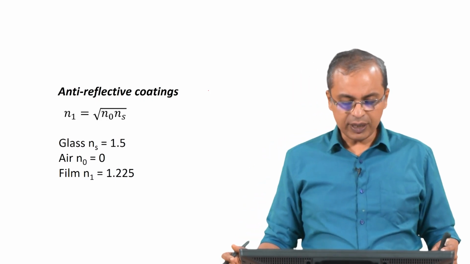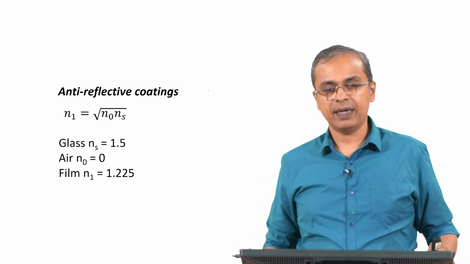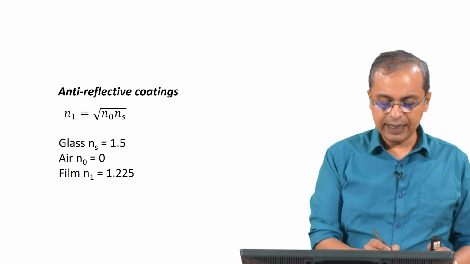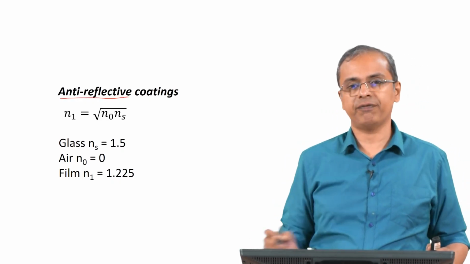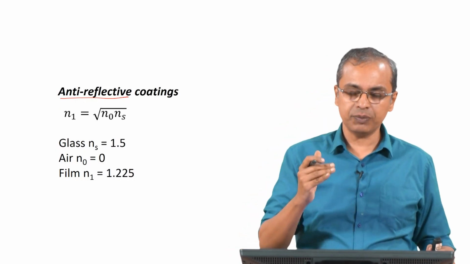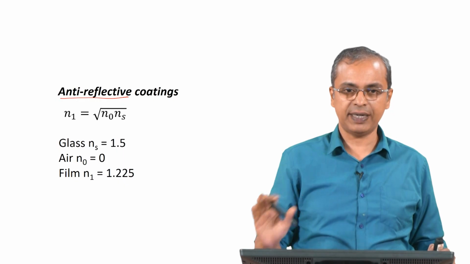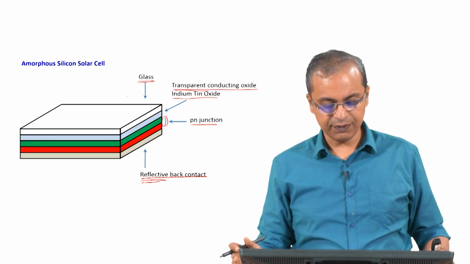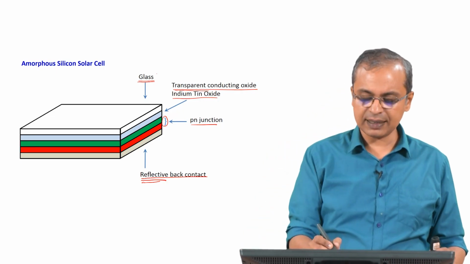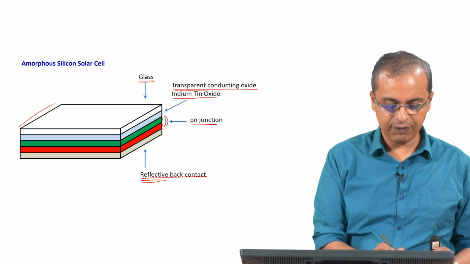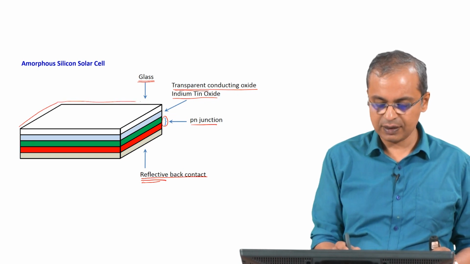Okay. In the context of these kinds of cells, one important parameter you have to keep in mind is that the top surface should be anti-reflective. If it is reflective, then some of the sunlight that comes to the solar cell is lost simply because it is reflected back, right. So, the top surface needs to be anti-reflective. For example, on top of this glass you should actually have a thin anti-reflective surface sitting on top of this glass.